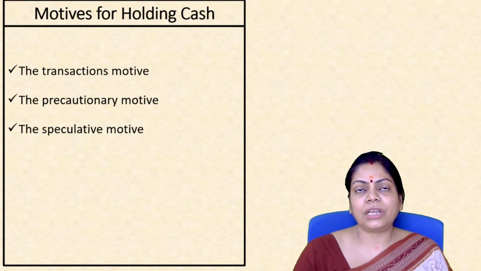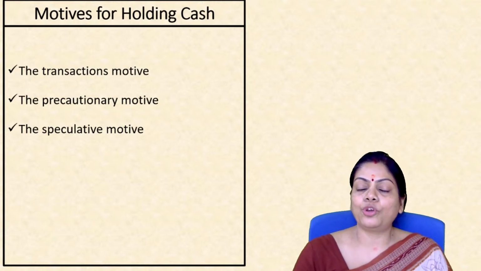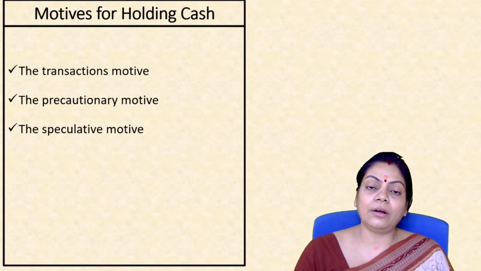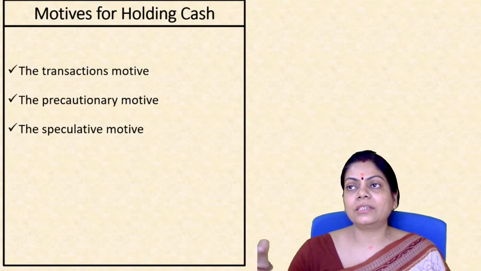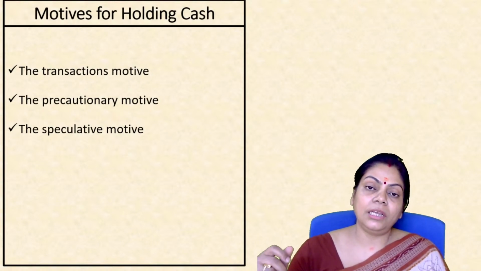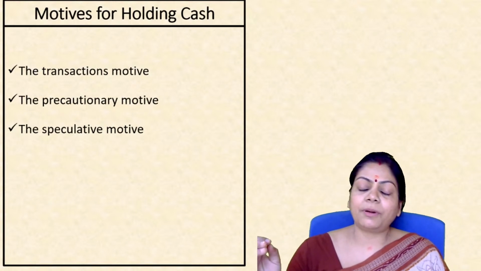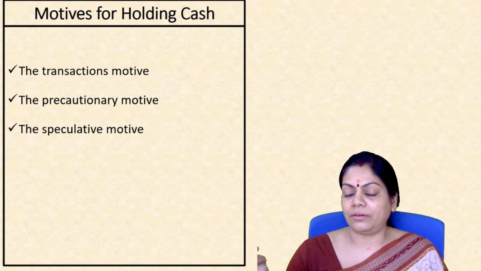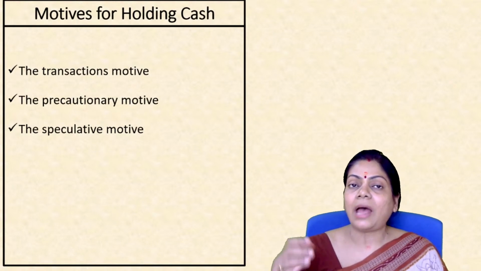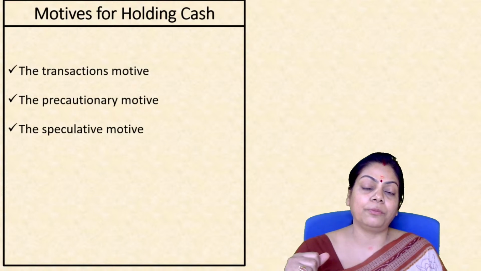For example, let us say I am the procurement manager of a firm, and I come to know that the raw material price is going to be revised in the next fortnight. In the later part of April, the price of raw material will be revised, and there is a general expectation that the raw material price will go up by 20% in the last fortnight of April. I am currently sitting in the first fortnight of April.